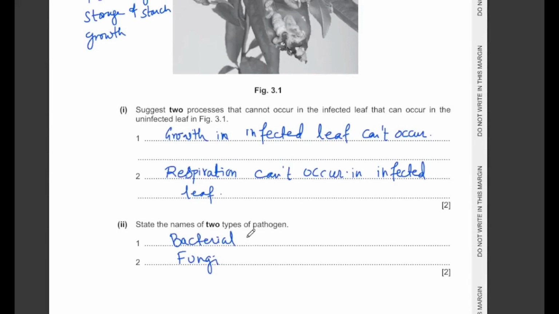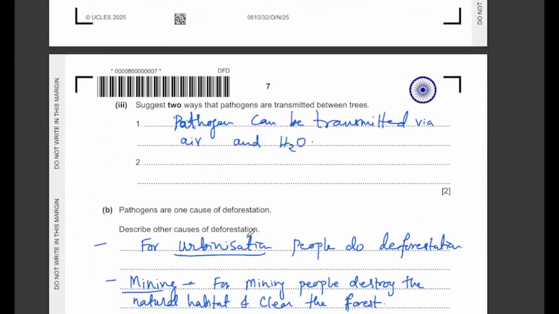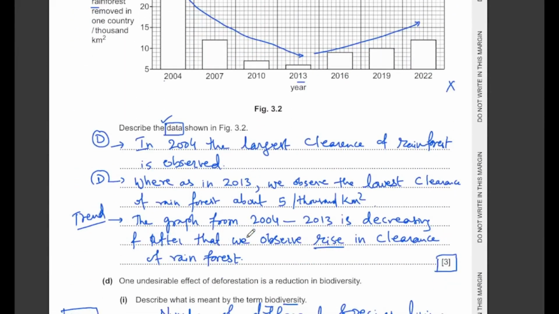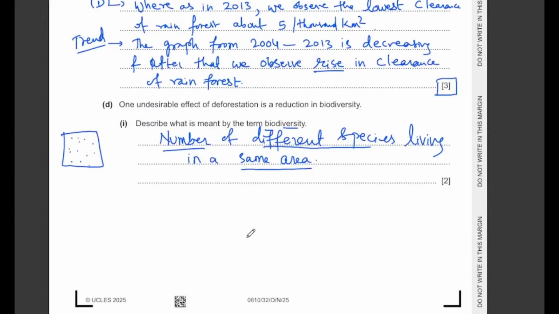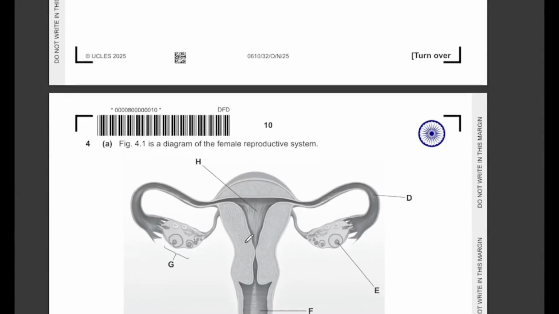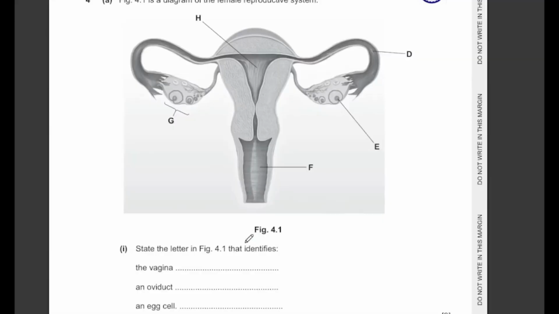No, this is related to disease, basically in plants. And then we had the agriculture topic, using the data, so we have completed this part. You can check under the biology playlist, where you will get all the videos related to past papers of the biology topic, biology IGCSE. Now let's go to question number 4.